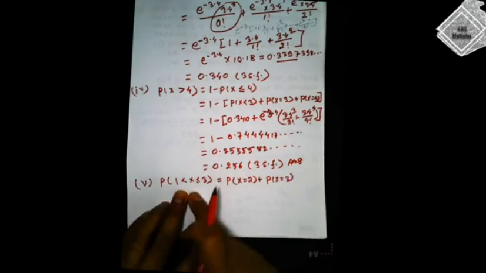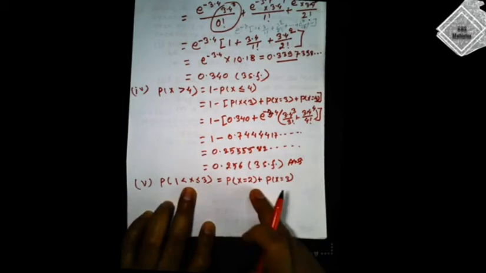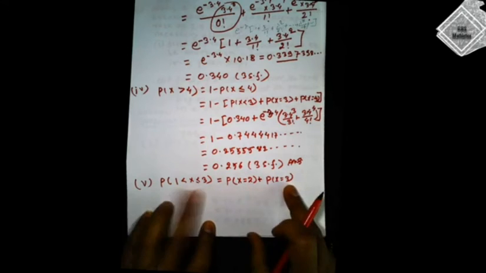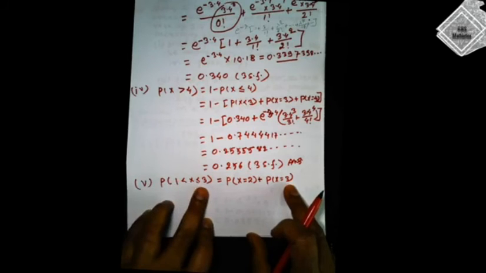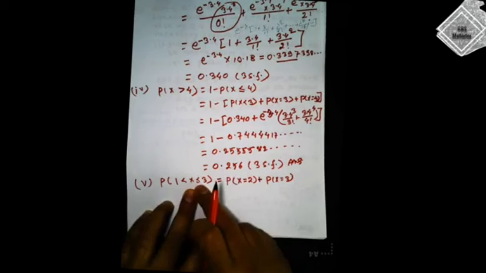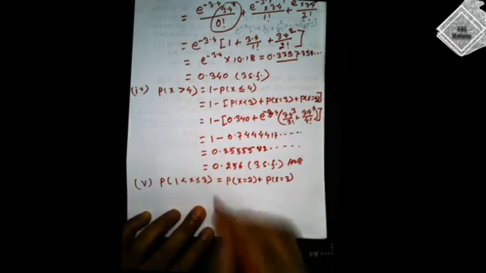This sort of inequality says that one value of X is 2 and another value of X is 3, because 1 is not included according to this sign of inequality, but according to this sign of inequality and also equal, it includes 3 as well. Therefore we have this situation.